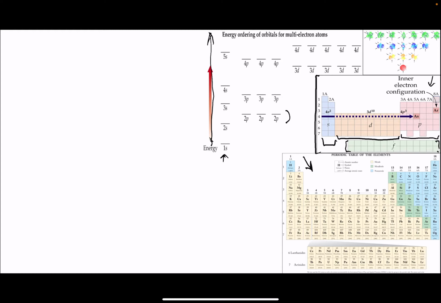Okay, so knowing that the blue area is the S block and the pink area is the P block, and the peach area is the D block, we can start to predict the order of the orbitals that we see here on this energy scale. So let's learn by doing. Let's look at arsenic, trying to predict all the orbitals that would be needed to describe the arsenic atom.